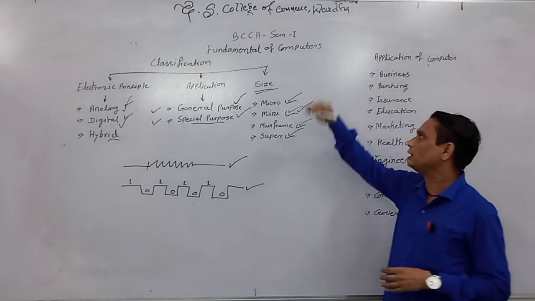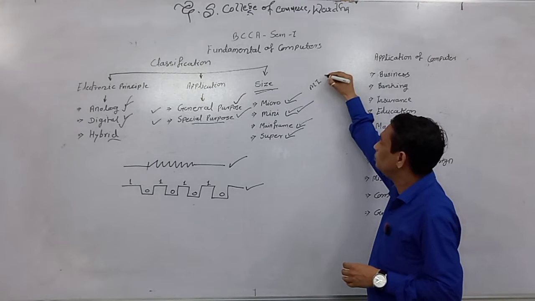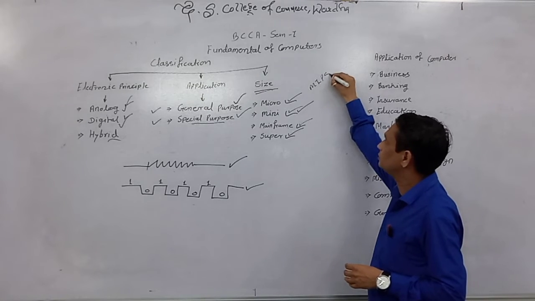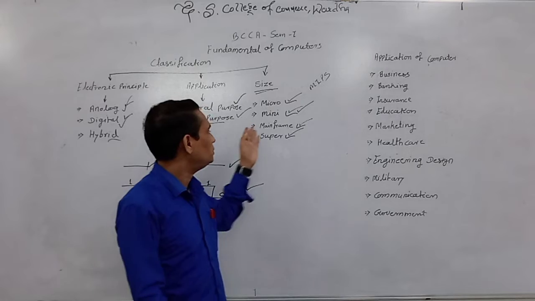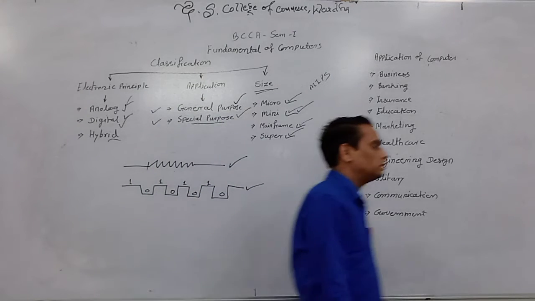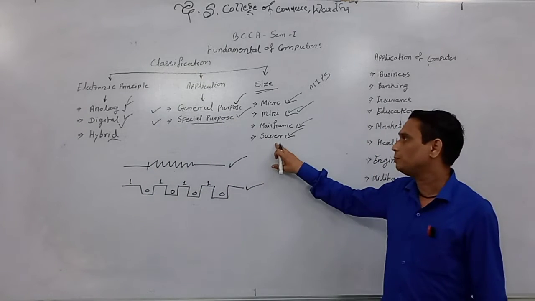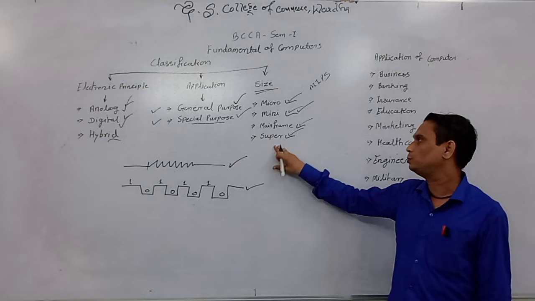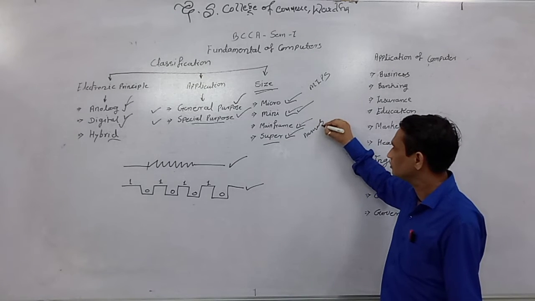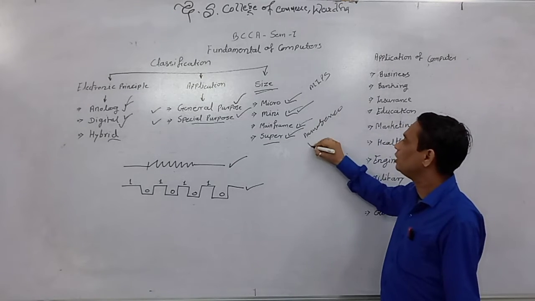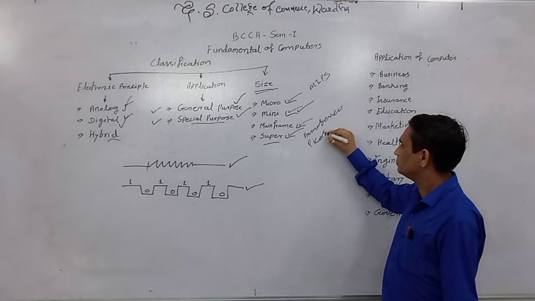The microcomputer and mainframe computer have speeds measured in MIPS, millions of instructions per second, but the calculating power of a supercomputer is measured in nanoseconds or picoseconds.